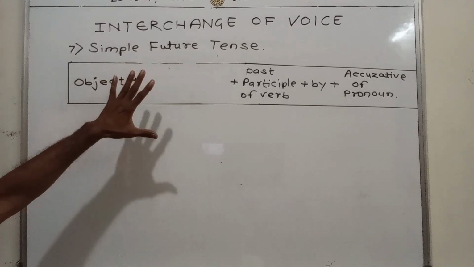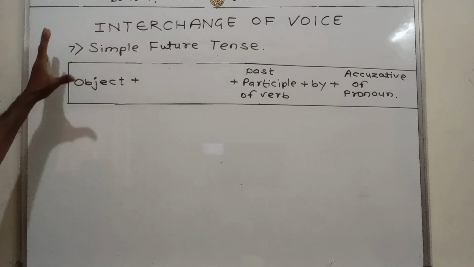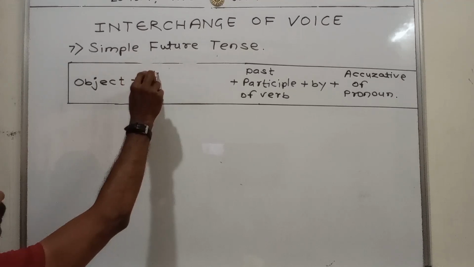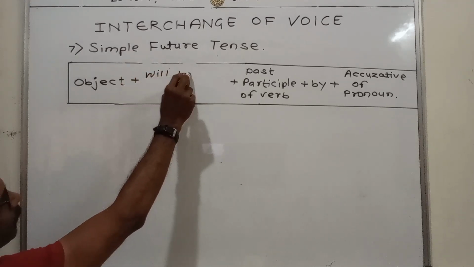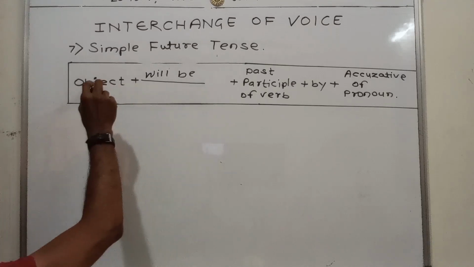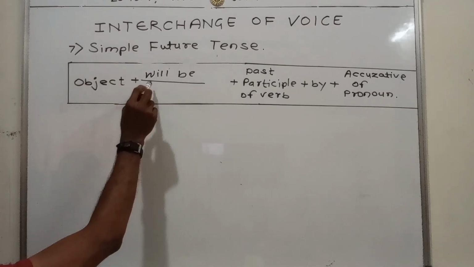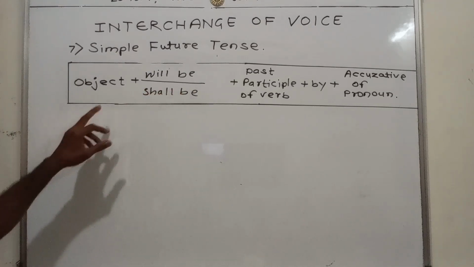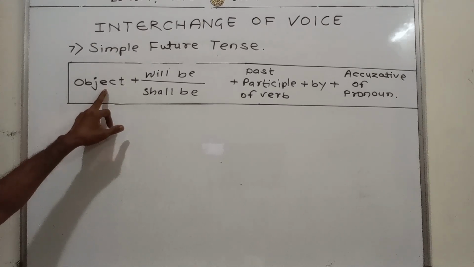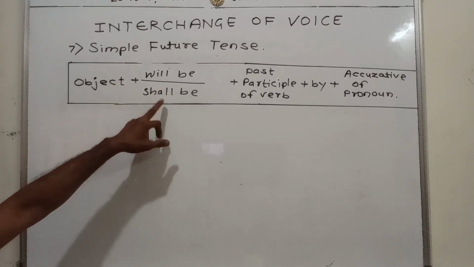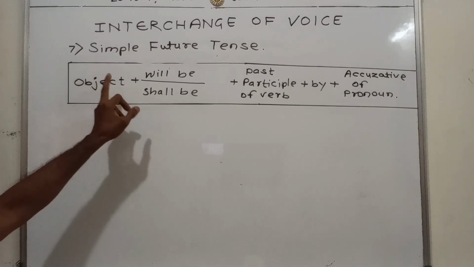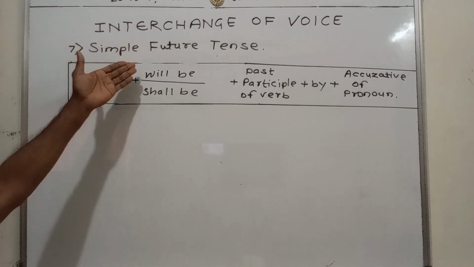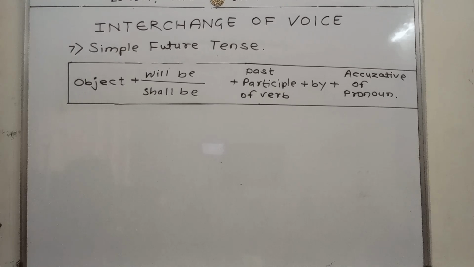Now this simple future tense, when we convert active voice into passive, then for a singular object it will be, and for plural, shall be. When the object is I and we, then use shall be, and for all others use will be.